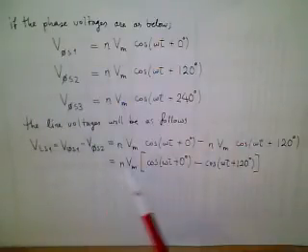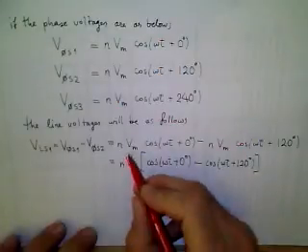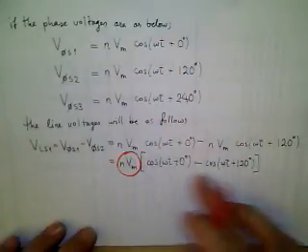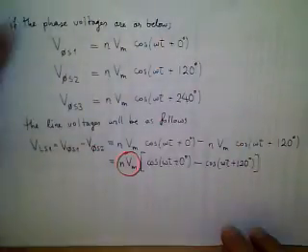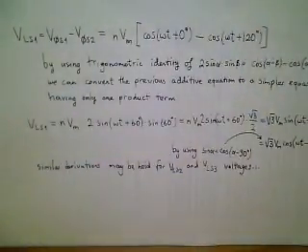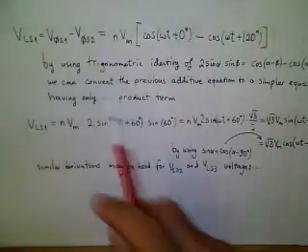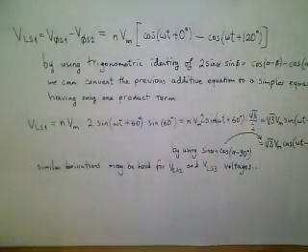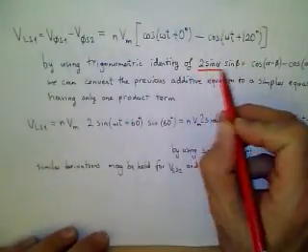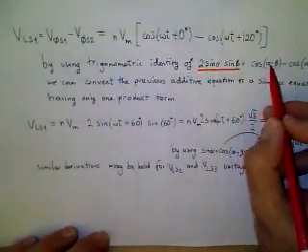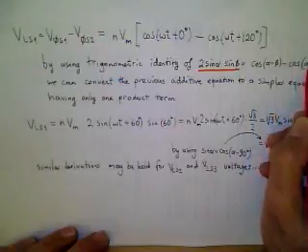So the difference is some amplitude with turns ratio and the difference of two cosine functions. We can use a trigonometric identity: 2 sine alpha times sine beta equals cosine of alpha minus beta minus cosine of alpha plus beta.